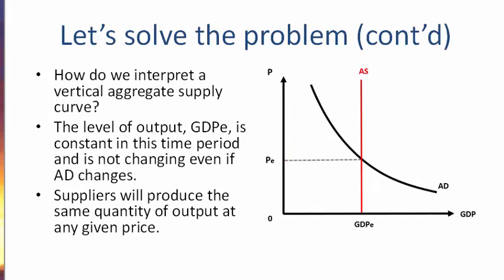Let's look at a vertical aggregate supply curve. Here we see that the GDP value is going to remain constant, again, regardless of the price level. So if we had shifts in aggregate demand here, which would change the price, the equilibrium level of GDP would remain constant at that level shown by the vertical aggregate supply curve.